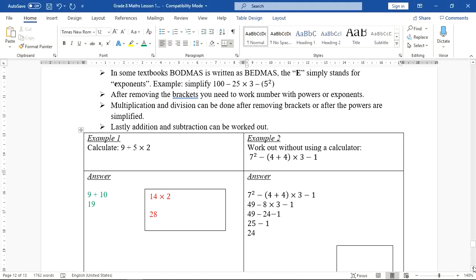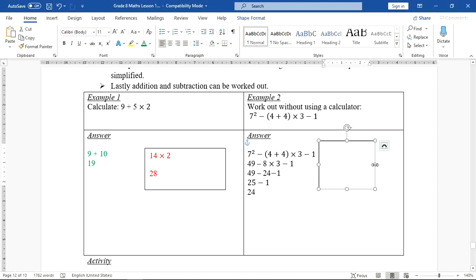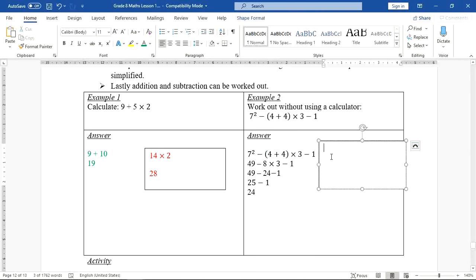Let us also experiment with this one. Let us do the subtraction before the multiplication and see what we get.